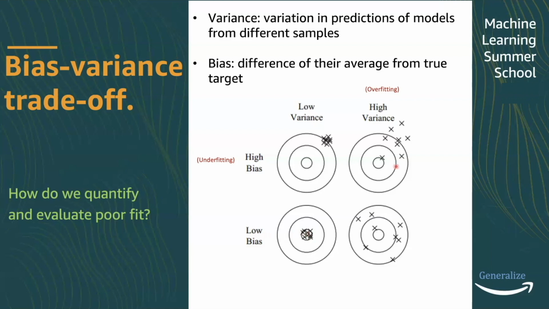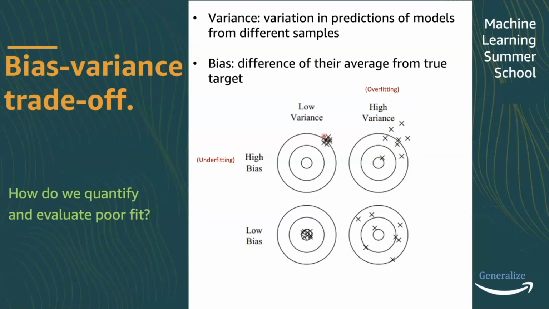Now, what is the worst that can happen? It's the right top. They are really spread out very far. Your estimates are very far from each other. That's high variance. And they're all far from truth. That's high bias. And what are the other two scenarios?